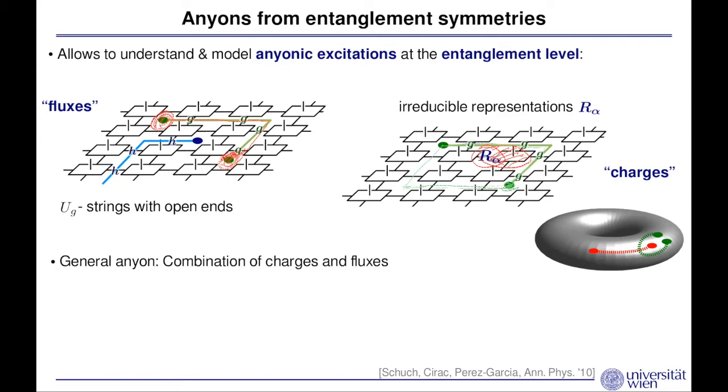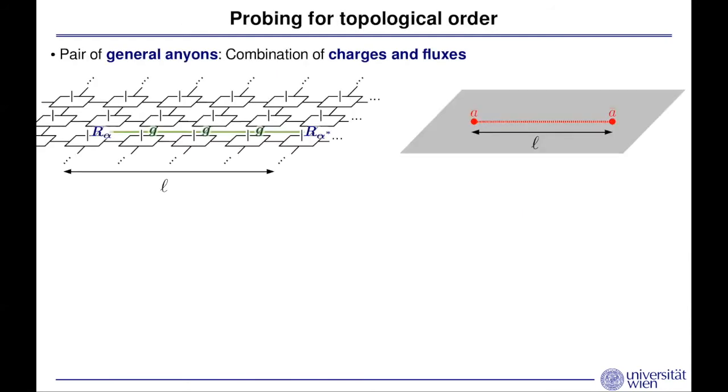And in general, we can take these objects and combine them to get the most general excitation. So a general pair of anyons in such a tensor network with symmetries will consist of a string of symmetry operations terminated on the left and right by 2 endpoints which transform like irreducible representations.